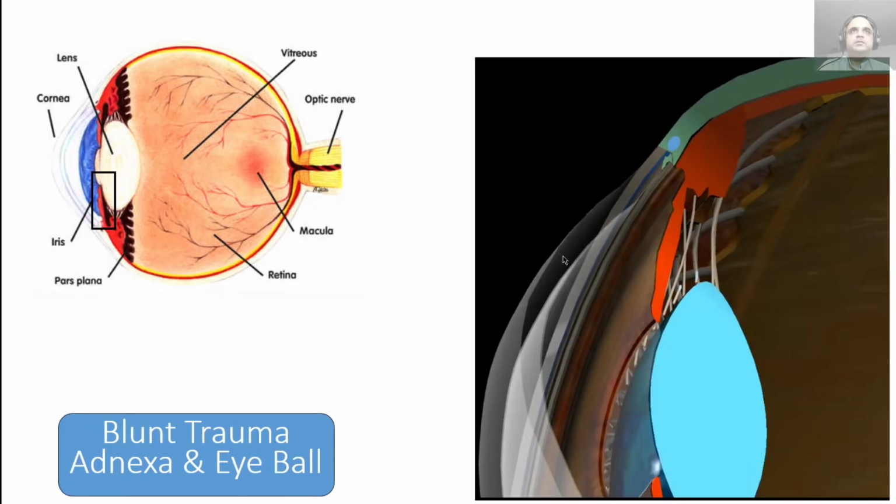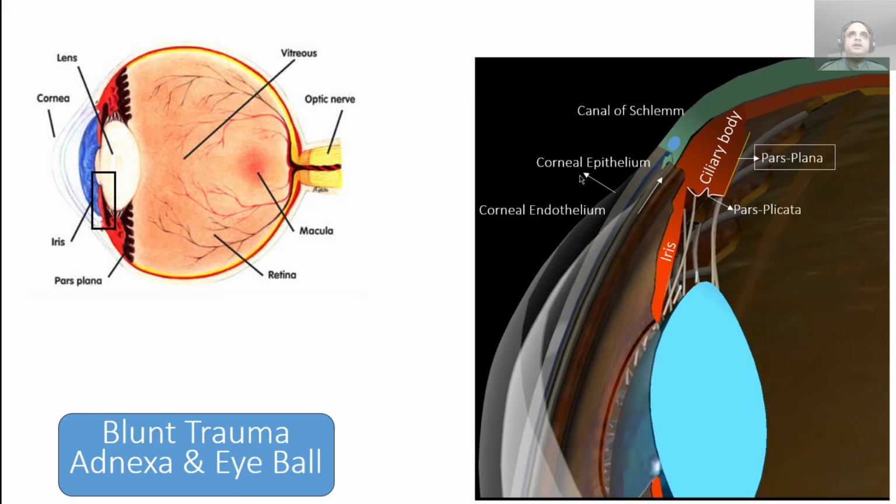This is the picture we saw when we were talking about open angle glaucoma. And this is just showing you the association between the iris and the ciliary body, right here. And this is where the iris is torn from its attachment to the ciliary body, leading to iridodialysis. These are just the other structures that we had labeled in that diagram, but our focus right now is this area where the iris attaches to the ciliary body.